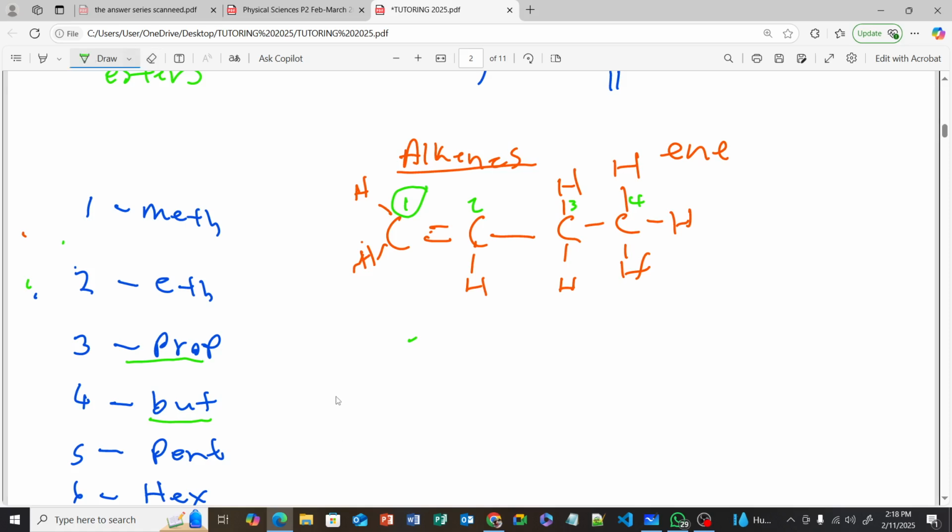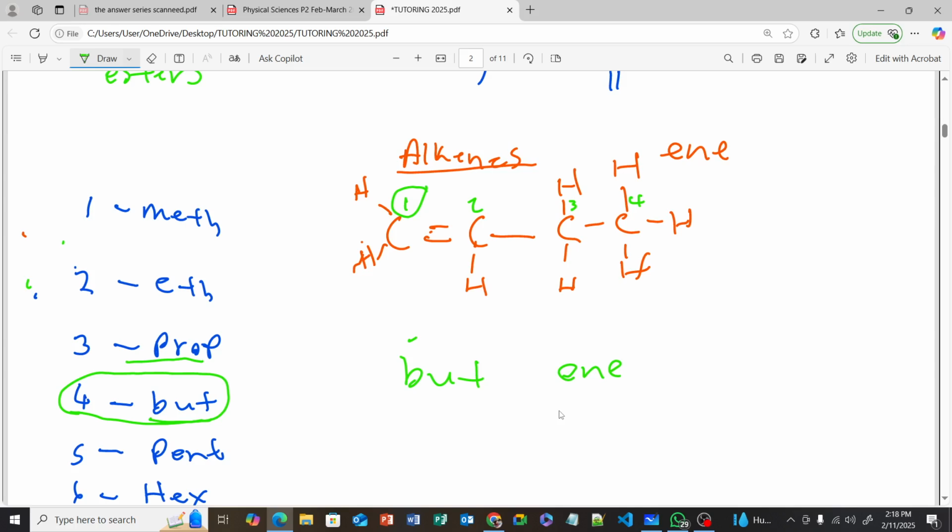Now, number 2, what is the longest chain? We can clearly see by numbering that it has 4 carbons, so it's going to be but. So we write that but, and then the suffix is ene, so it is butene. But now this is not the end.